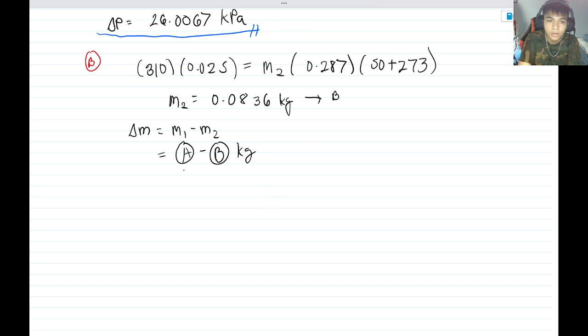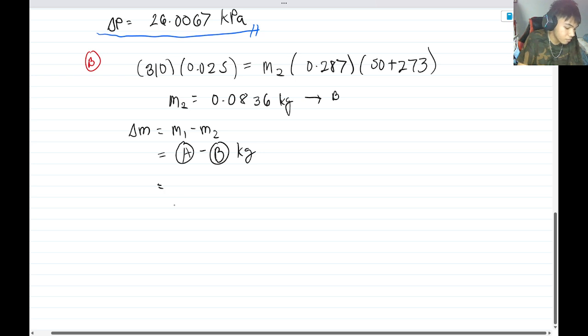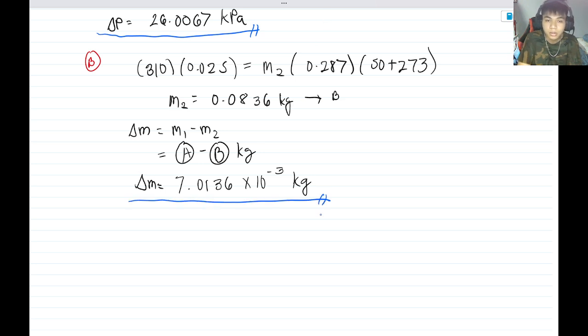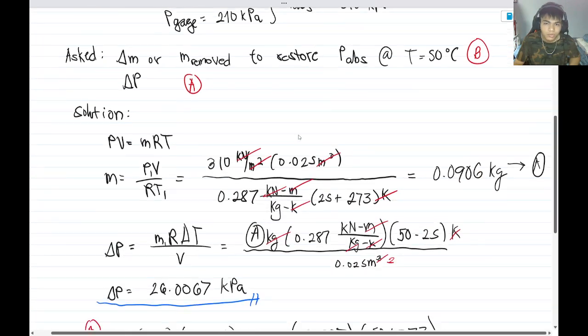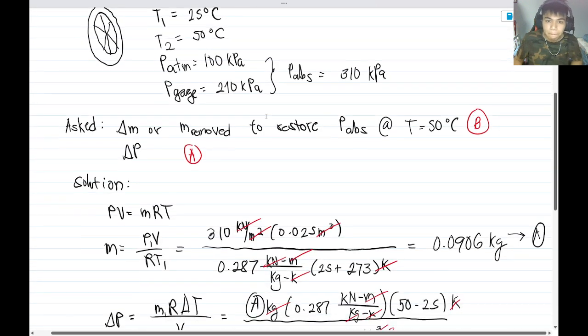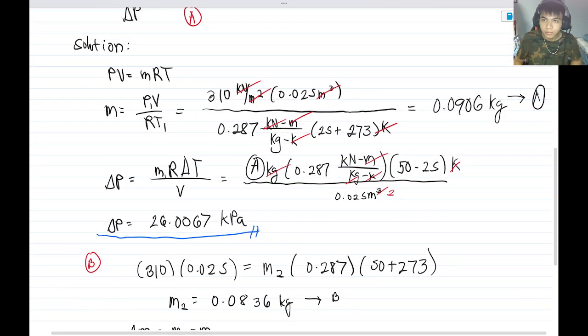Your delta M would be approximately 7.0136 times 10 raised to the negative 3 kilograms. So this is the amount of air that needs to be removed. Okay? So this was a pretty lengthy one, not really that lengthy, but out of all the problems, this is one of the longest ones. Okay, so that's the answer there. Let's move on.